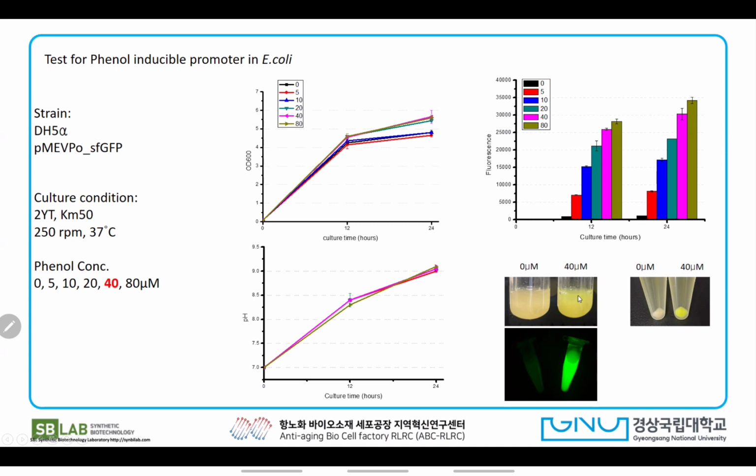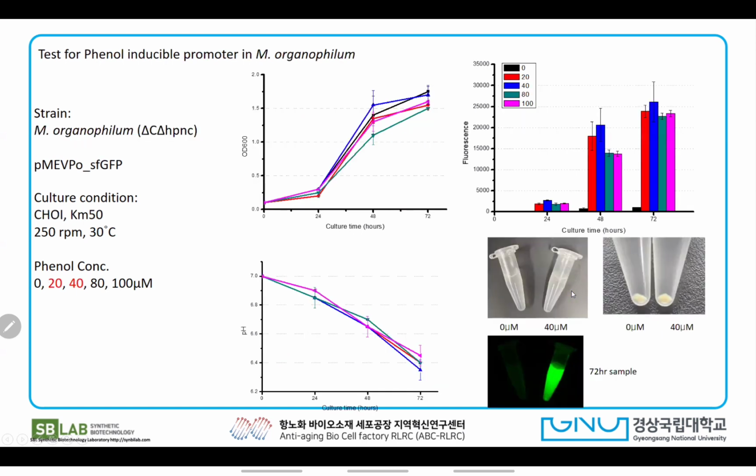So after this test, we moved on to test in our host, that is M. organophilum. For this expression, we used an M. organophilum strain delta C, delta SPNC, which is a colorless strain in which we have removed the carotenoid production pathway.